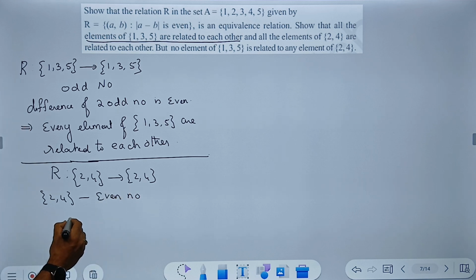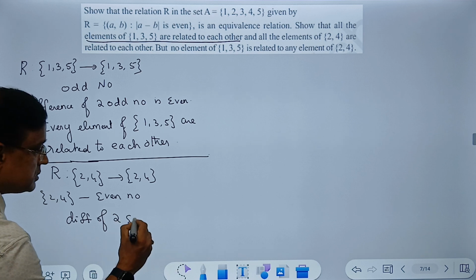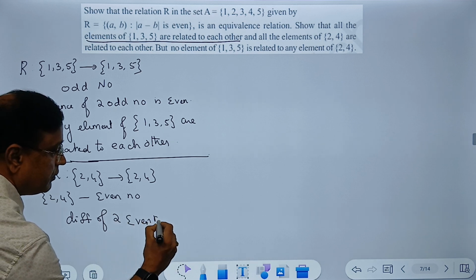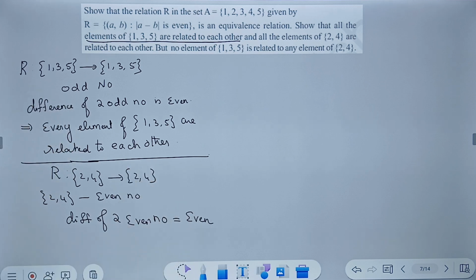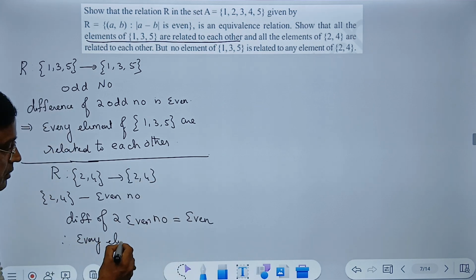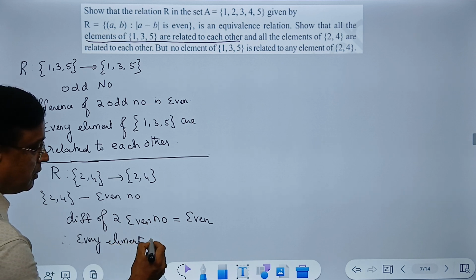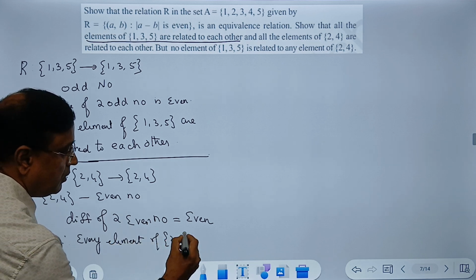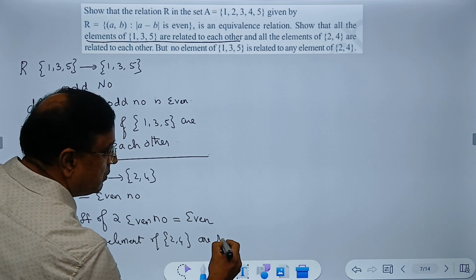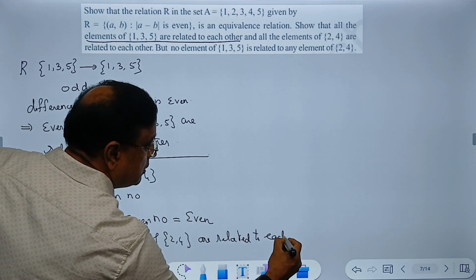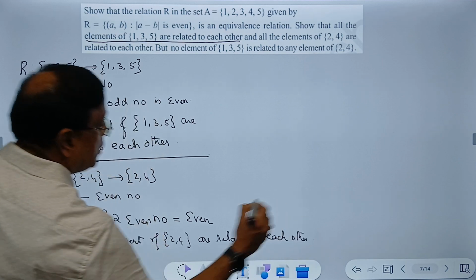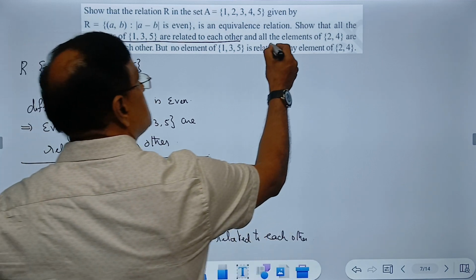So what do you know about the difference of two even numbers? The difference of two even numbers is even, correct? Therefore, what do you say? Every element of {2, 4} are related to each other. Correct? So that finishes this part of the question.